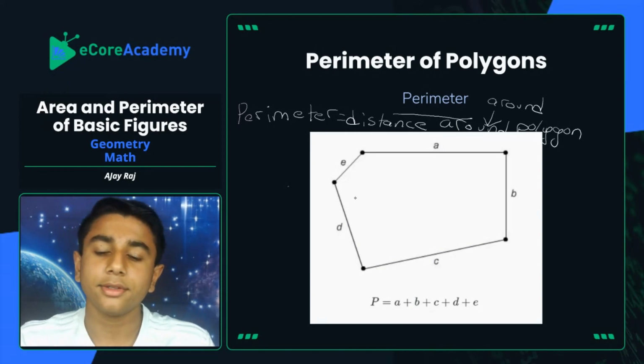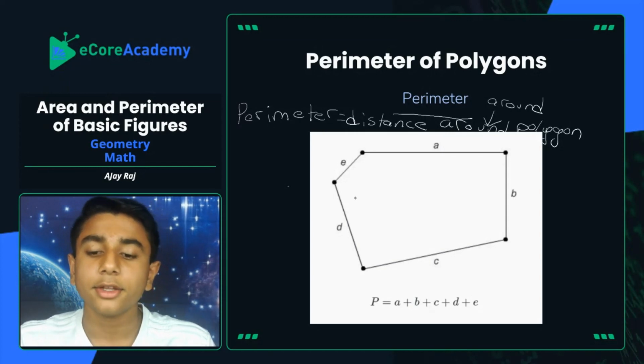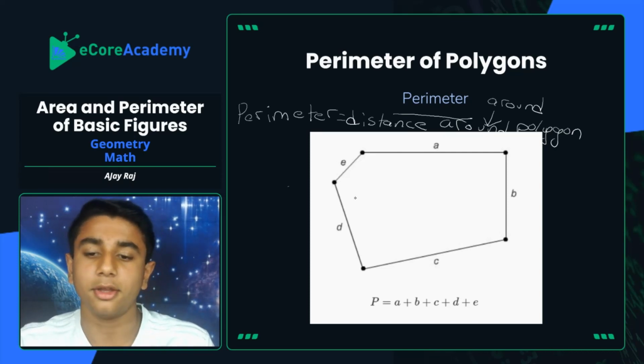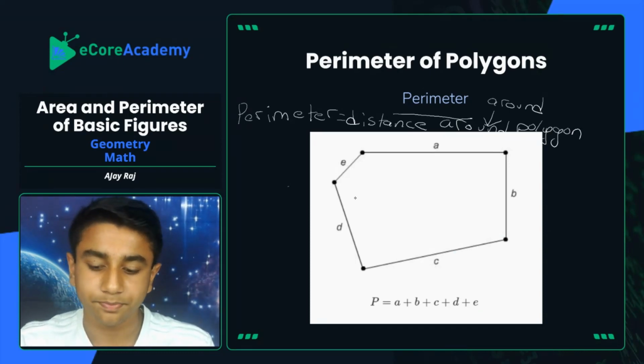Okay, and it's the distance around any polygon. So in order to do that, we're going to add all of the side lengths that are given here. And basically all the side lengths added together equal the perimeter of any polygon. So we have A here, we have B, C, D, and E, and basically the perimeter is the sum of all sides. A plus B plus C plus D plus E is equivalent to the perimeter.